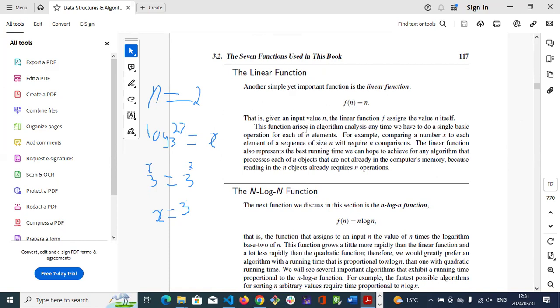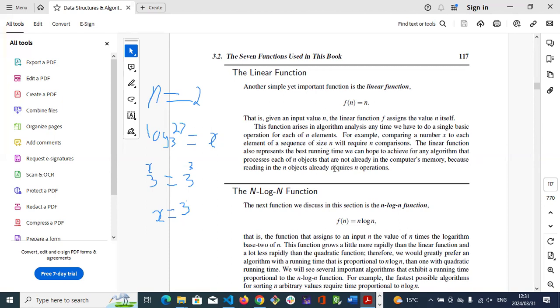So when we're processing a list, like a list in Python, let's say a number of apples or a number of numbers, 1, 2, 3, 4, 5, when we're running that process, we're running a linear function, which is f of n is equal to n. For example, comparing a number x to each element of a sequence of size n will require n comparisons.